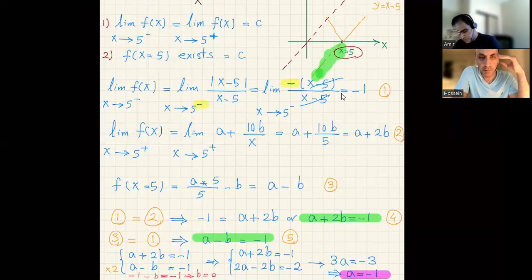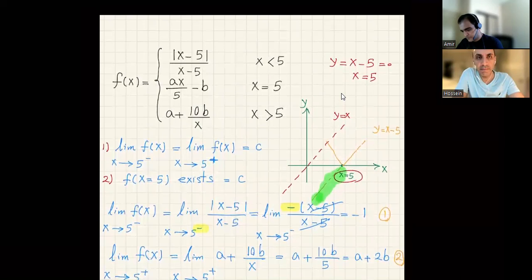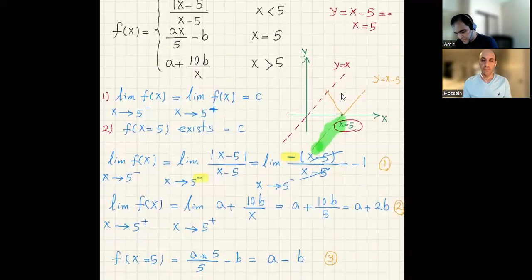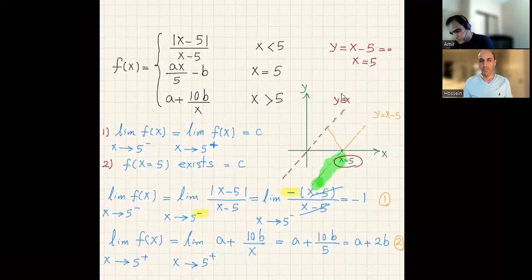Yeah, B has to be 0 for that equation to work. So those are the values of A and B to have that function be continuous at x equal 5. So B should be 0 and A should be -1, for this function to be continuous.